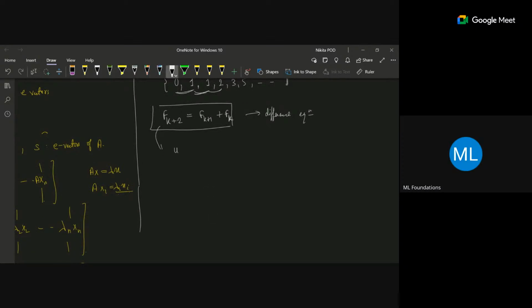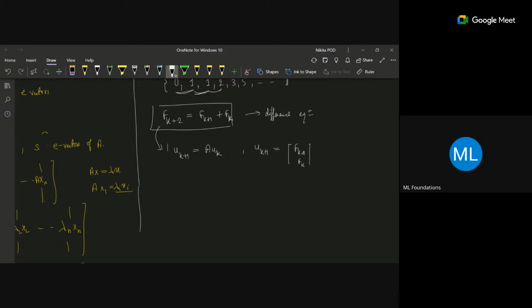Bringing it down to the first order, it becomes u_{k+1} = A u_k, where I have taken my u_k to be (f_{k+1}, f_k). So the second order difference equation I brought down to a first order difference equation.